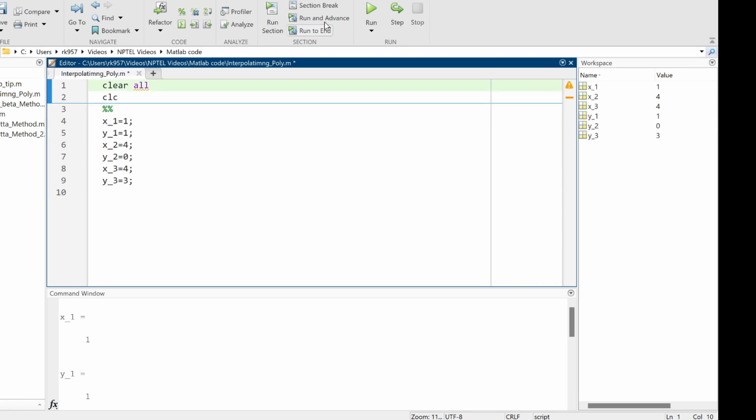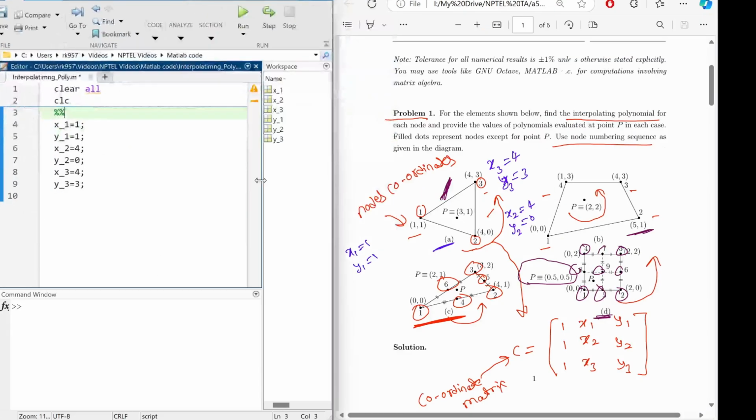So it will clear everything here. So run section. See, everything is gone, the command window also, the workspace also. If I want to run the next section, you have to use these two percent signs to differentiate between two sections. So if I run, it will come here. Okay, so like this. These are the commands in MATLAB.